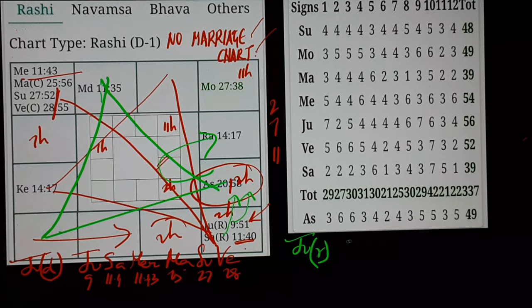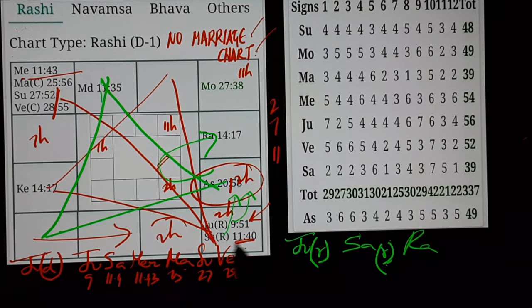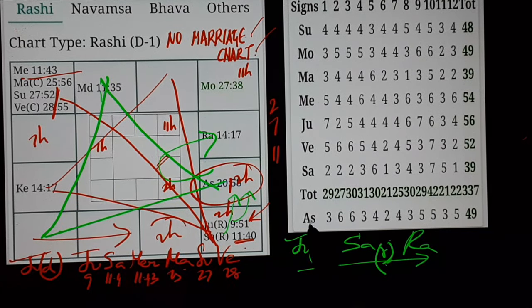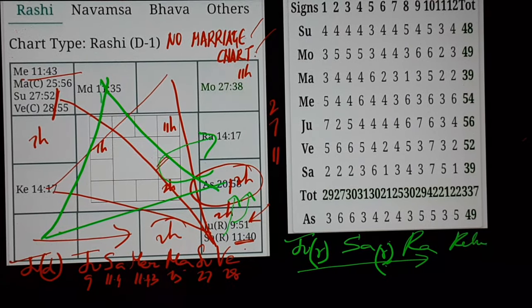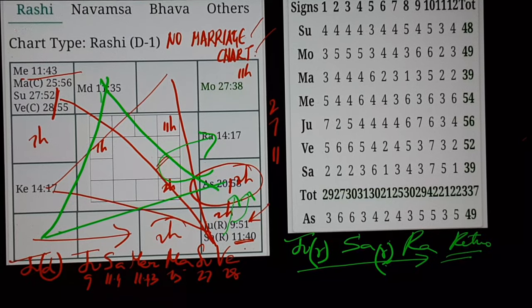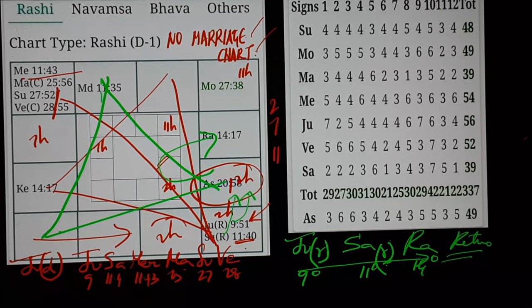So we shall present Saturn retro, Jupiter retro and Rahu. Once we write the degrees, this is the order for the retro string of Saturn and the retro string of Jupiter. Jupiter is at 9 degrees, Saturn is at 11 degrees and Rahu is at 14 degrees.